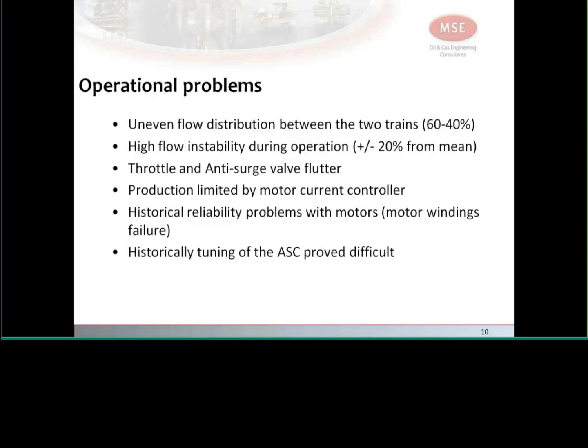Obviously, the throttle and the anti-surge valve were fluttering, with constant opening and closing. The production was limited by the motor current controller, and they had some historical reliability problems with motor winding failure, and also we were told during the study that tuning was quite difficult to achieve for the system.